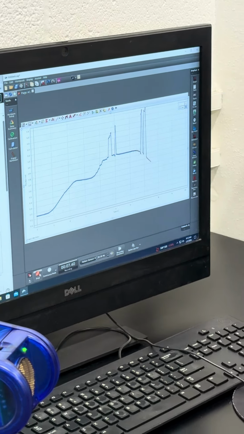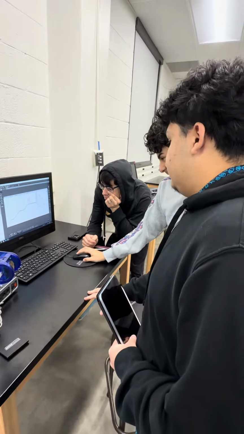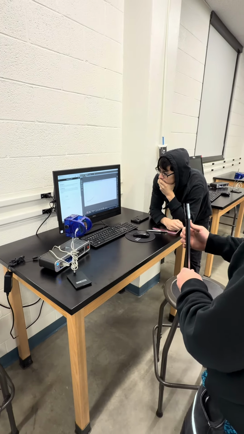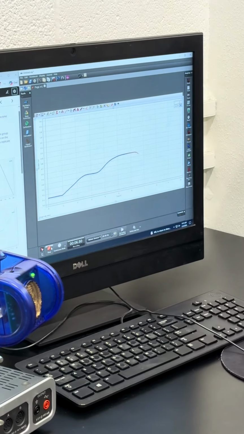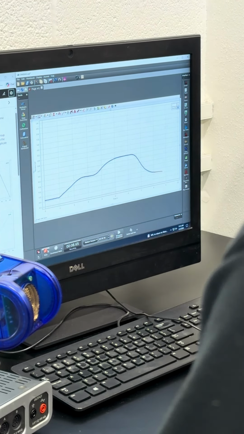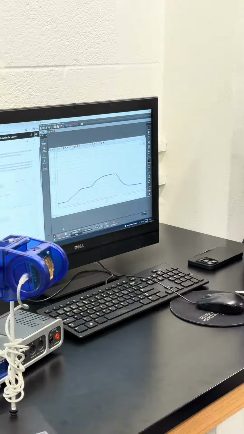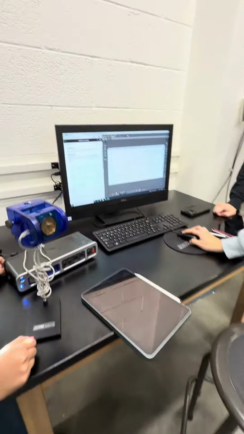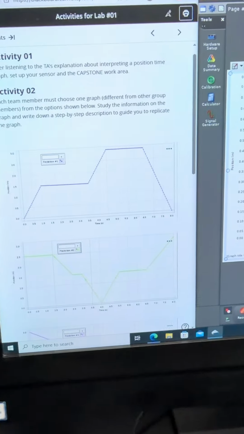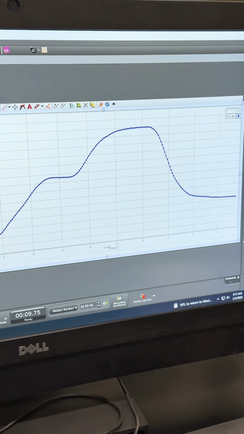I got two. Better. I was trying to cut out the input.